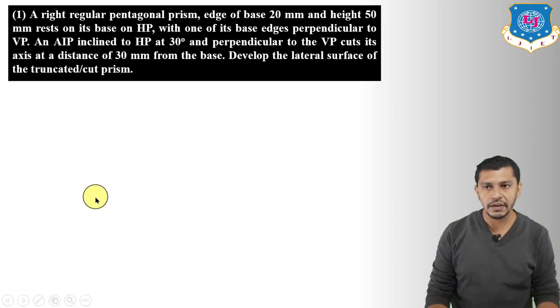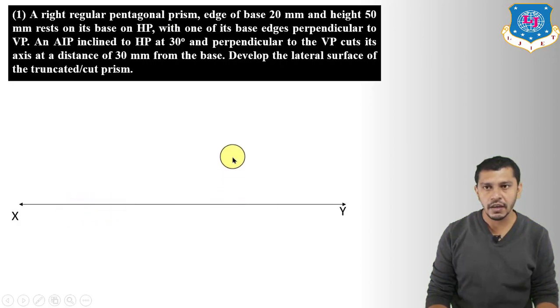So let us start with the top view of the regular pentagonal prism. So first of all, draw XY reference line, and we will use the first angle projection method. So the top view will be below the XY reference line and the top view will be the pentagon, and in the top view we have to take one of the base edges perpendicular to the XY reference line, because it is given that one of the base edges is perpendicular to VP.